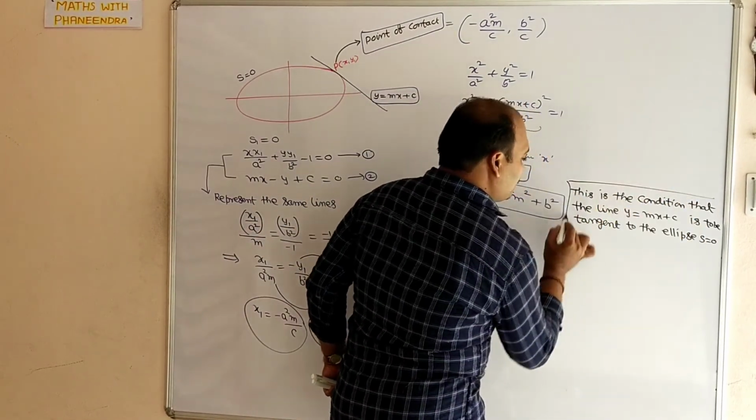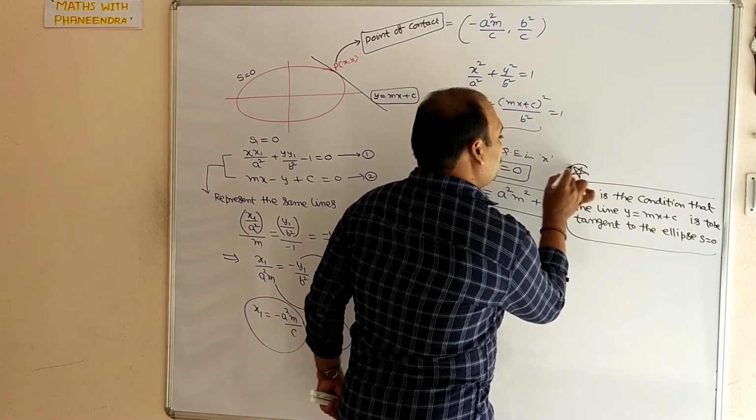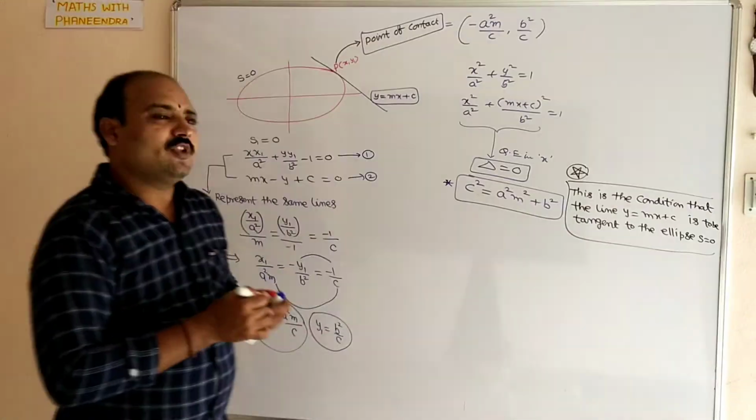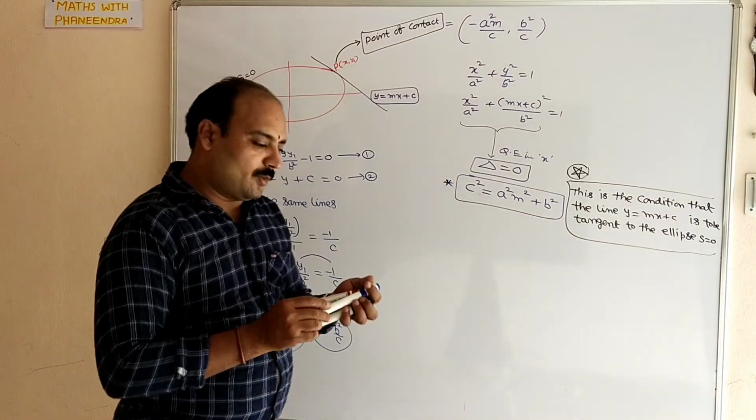Very important condition, dear students. Keep in mind and practice a number of times. C square equal to a square m square plus b square.